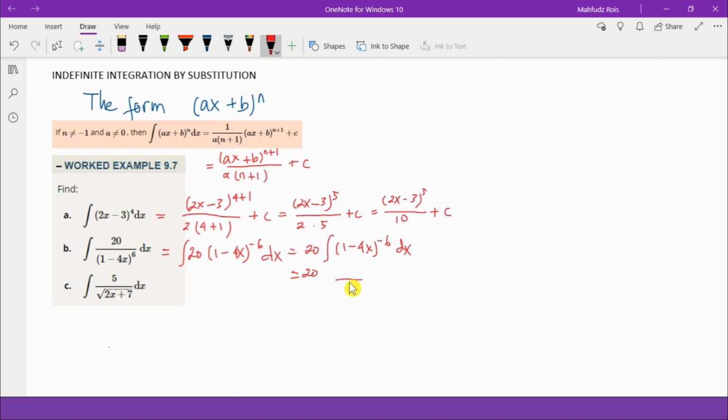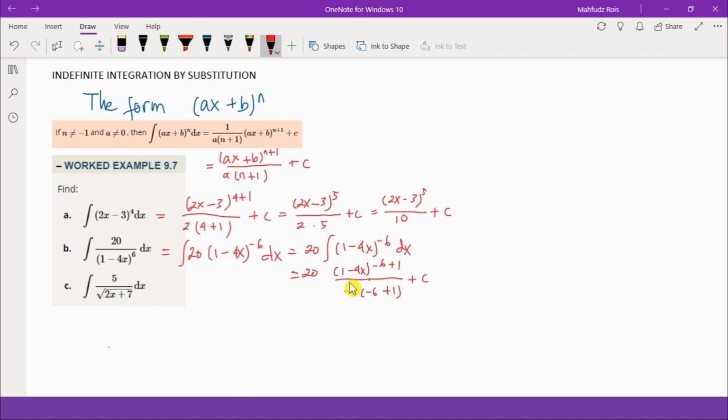You just write (1 minus 4x), so the a would be minus 4, to the minus 6 plus 1. You can make it longer like this. And then a is minus 4 here, so it's minus 4 times (minus 6 plus 1), plus c.